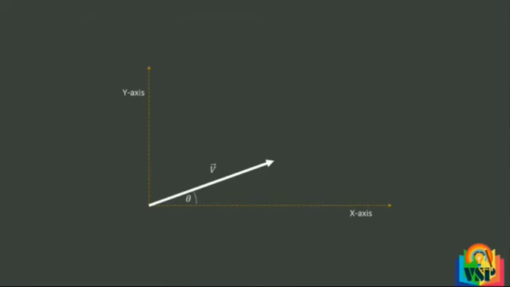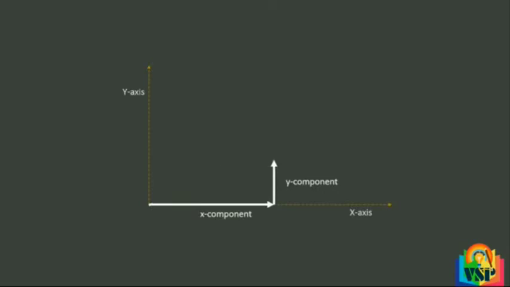Consider a vector v in the xy coordinate system. We can draw the hypotenuse and the opposite side, meaning the x component and y component.